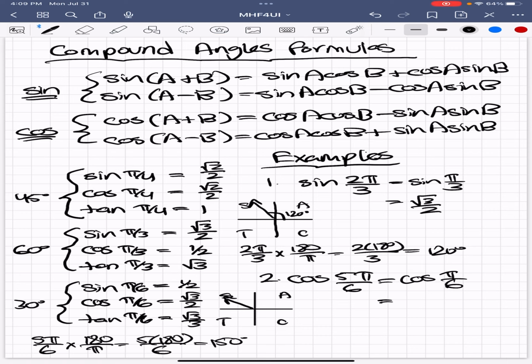And because 150 degrees is in quadrant 2, and only sine is positive in quadrant 2, cos is not. It's going to be cos negative pi over 6, which is negative root 3 over 2.